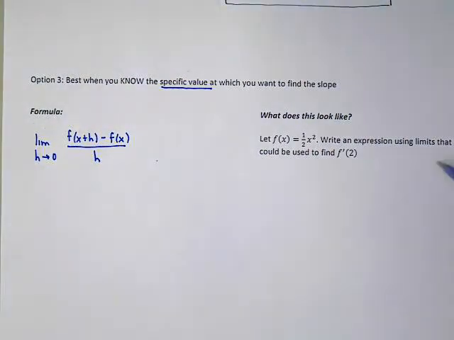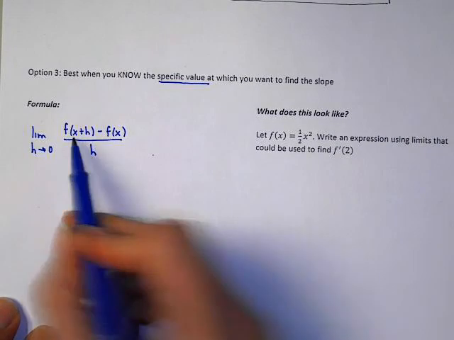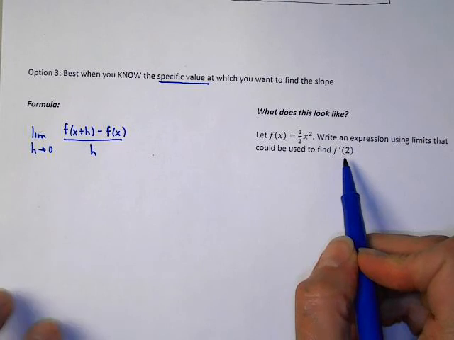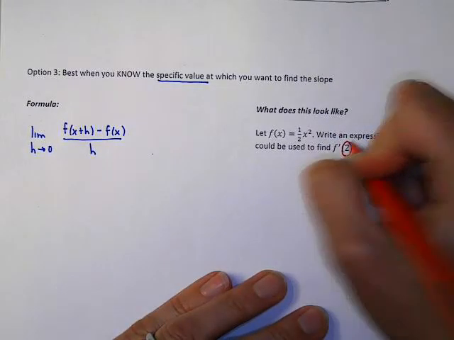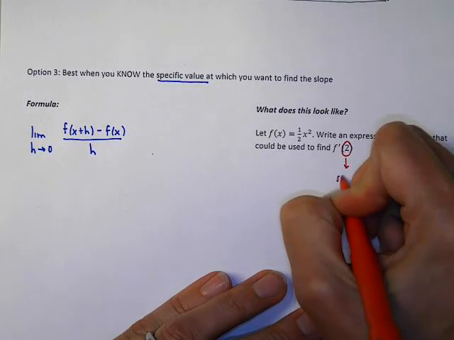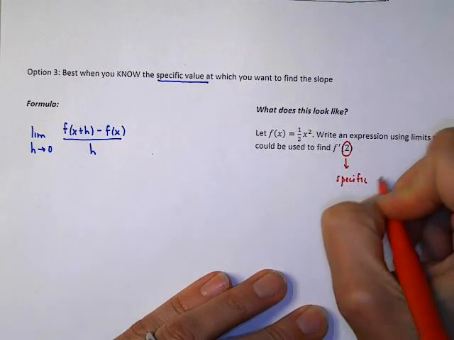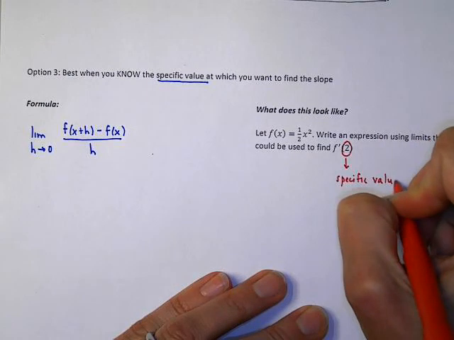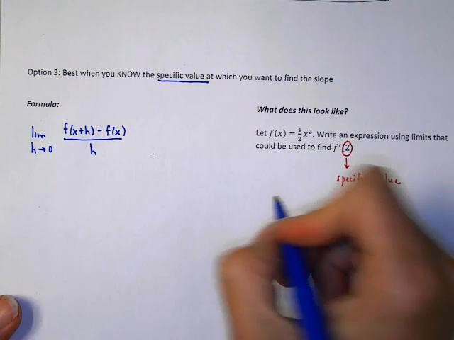But now when we go to use this, instead of just using a general x, we're going to be plugging in our specific value. So again, I see in the notation here that I'm looking for a specific value. So I always start out by just writing my general formula.